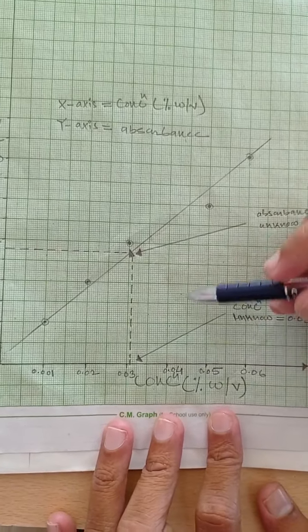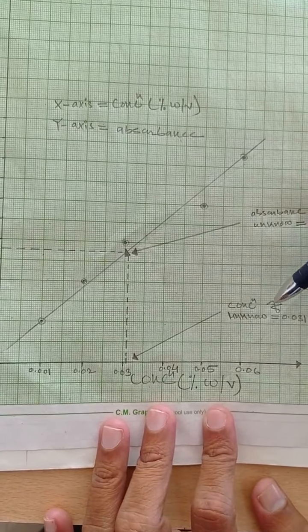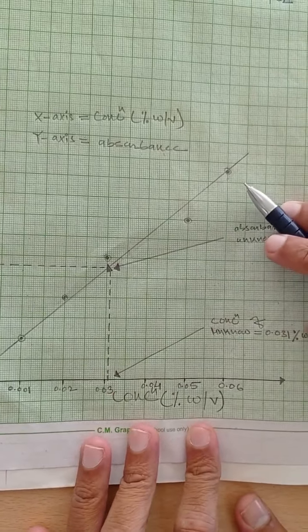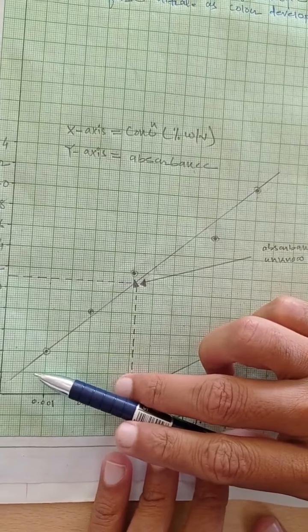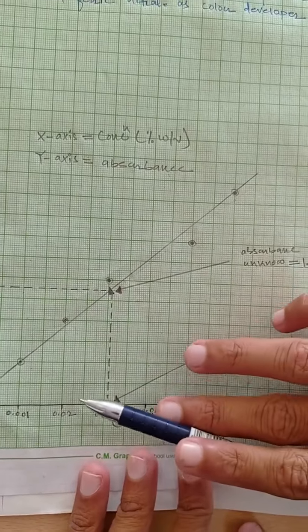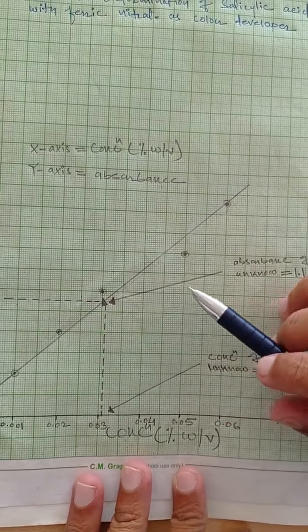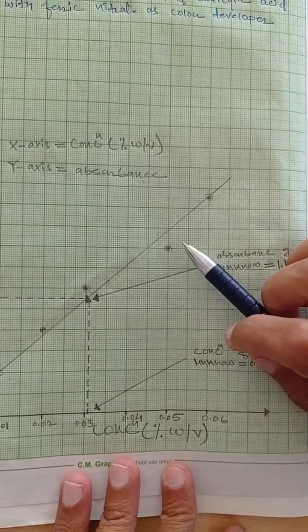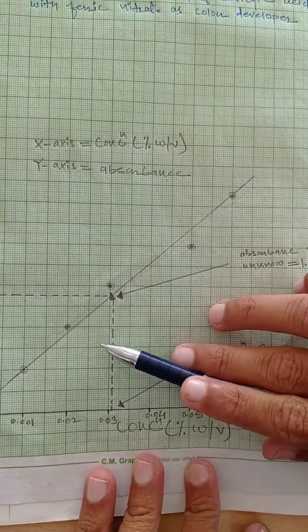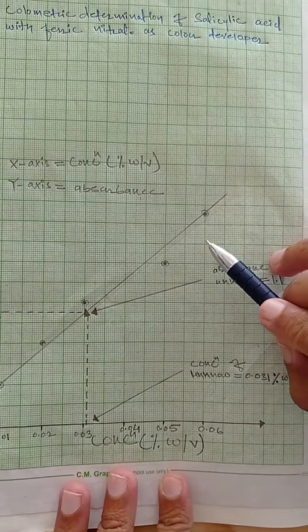Now a linear line is plotted for these standard points, passing through the origin and intersecting the maximum number of points.